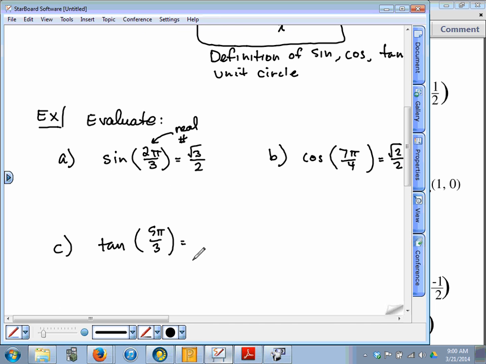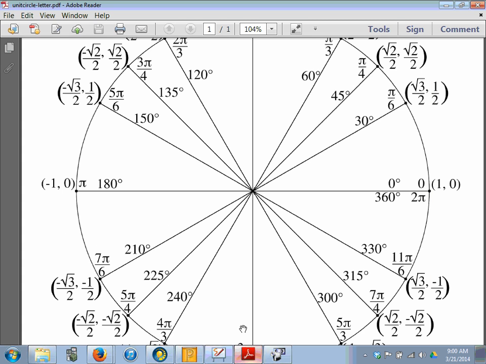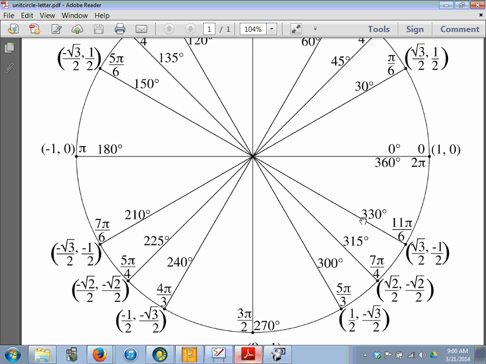Tangent's the one that takes a little bit more work. You have to divide the y by the x. Tangent of 5 pi thirds. Okay, 5 pi thirds is here. The tangent, though, is the y value divided by the x value. So it's negative square root of 3 divided by 1/2.